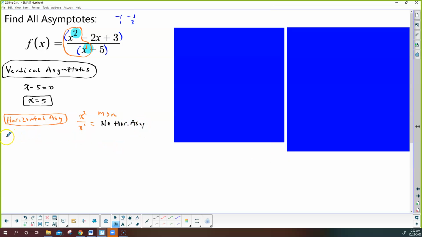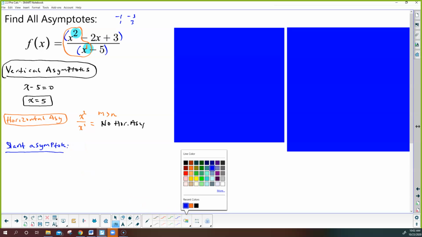So if there's no horizontal asymptote, then we're going to check the slant asymptote. And this is where long division comes in.